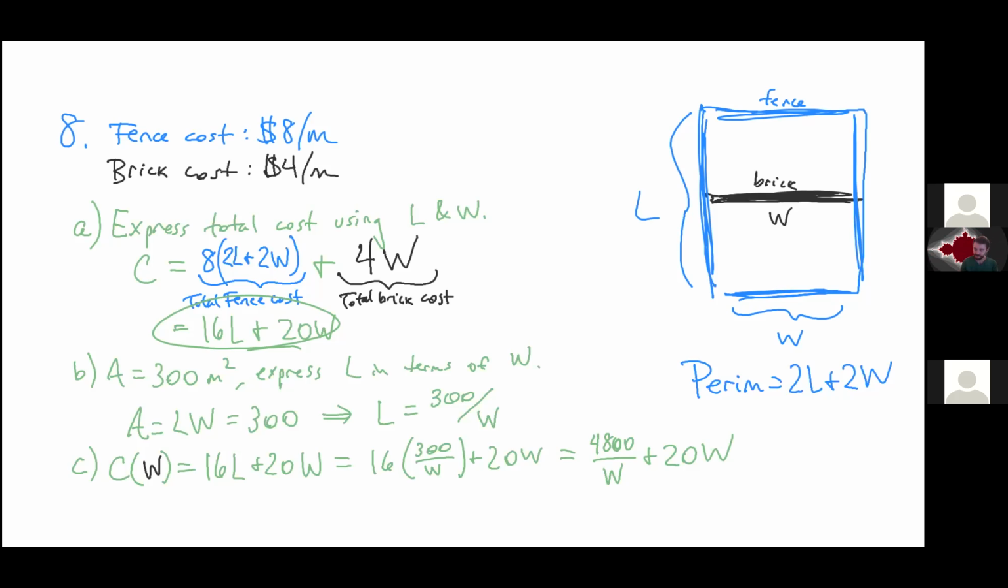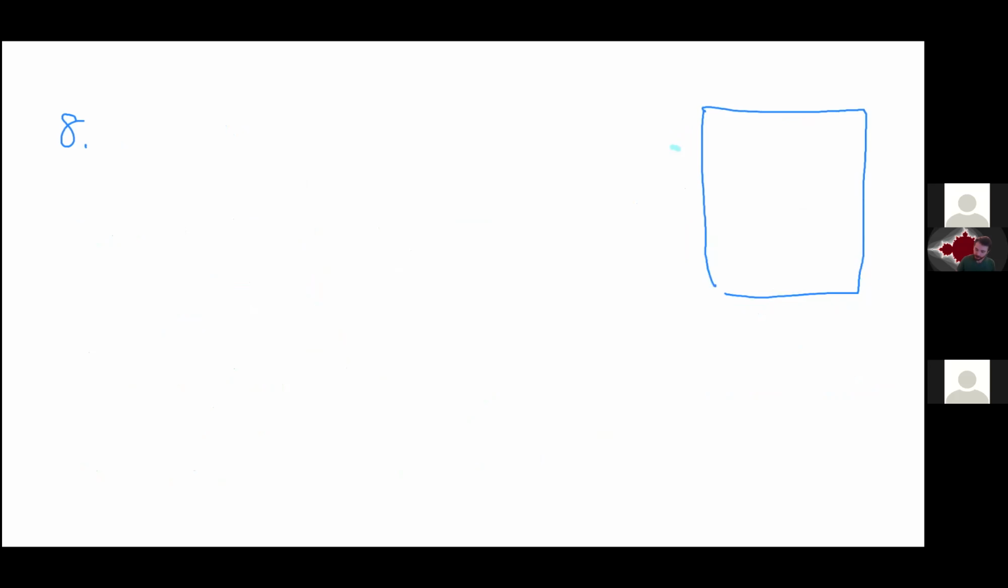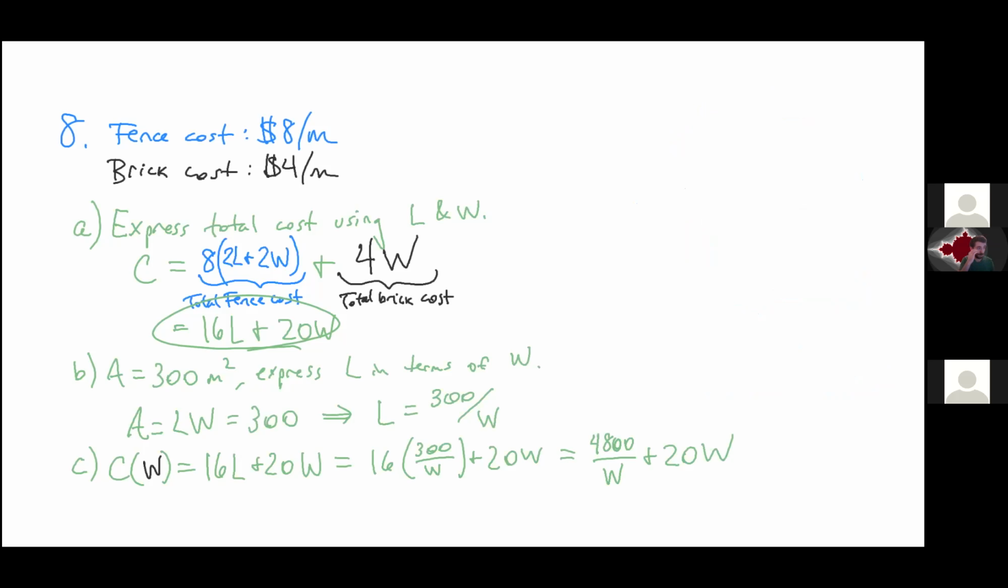Okay. For part D, I'm just going to put it up in the corner and erase my little diagram here. Apologies for the flickering screen as I erase. Cool. All right, so part D. Part D is the calculus.